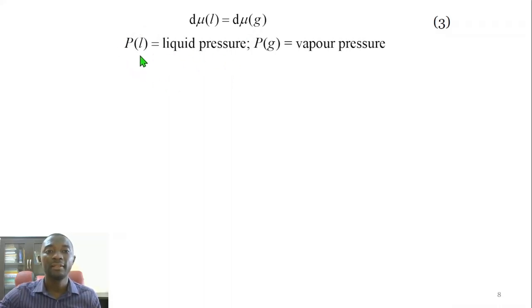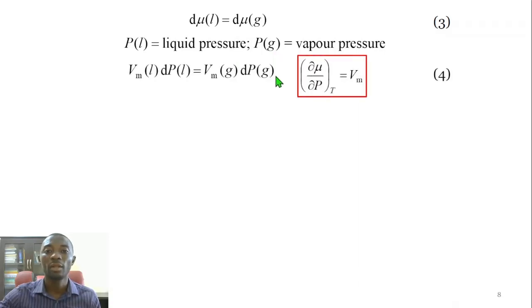Let's denote the pressure of the liquid as P_L and that of the vapor as P_G, so that we can write the chemical potential in terms of the molar volumes of the liquid as well as that of the gas, based on this expression in this red rectangle, which says the ratio of the chemical potential to the pressure at constant temperature is equal to the molar volume.